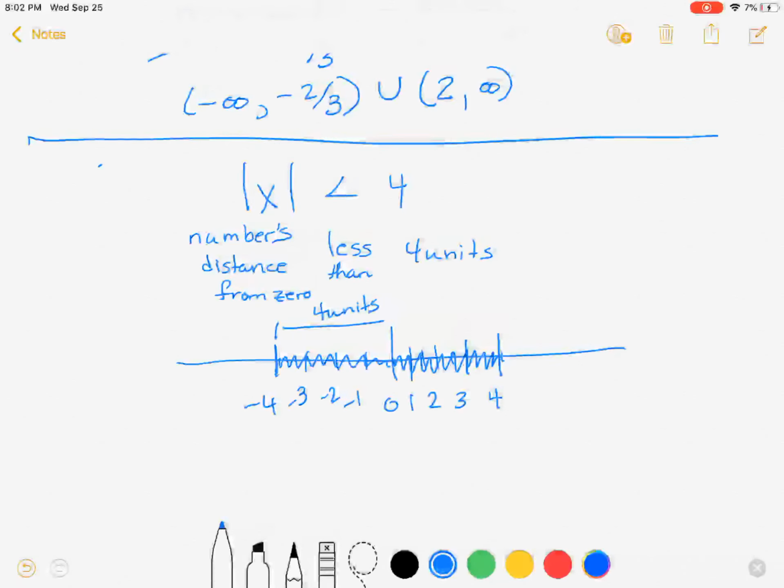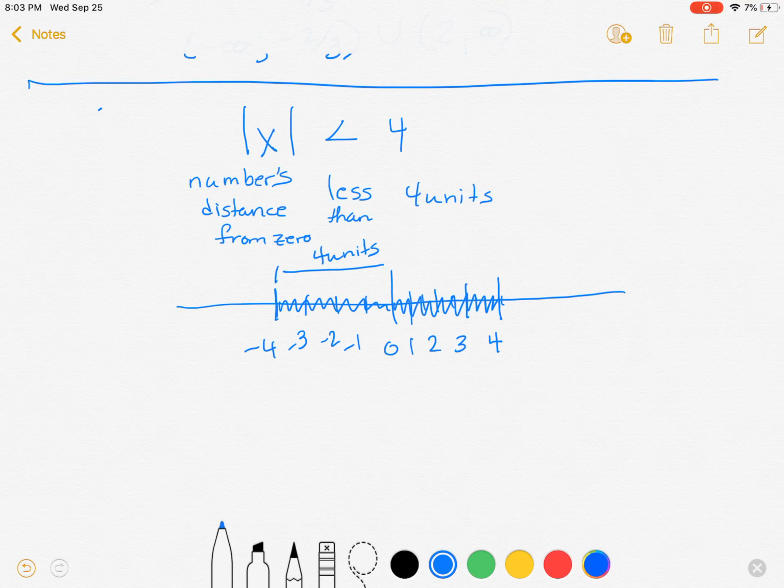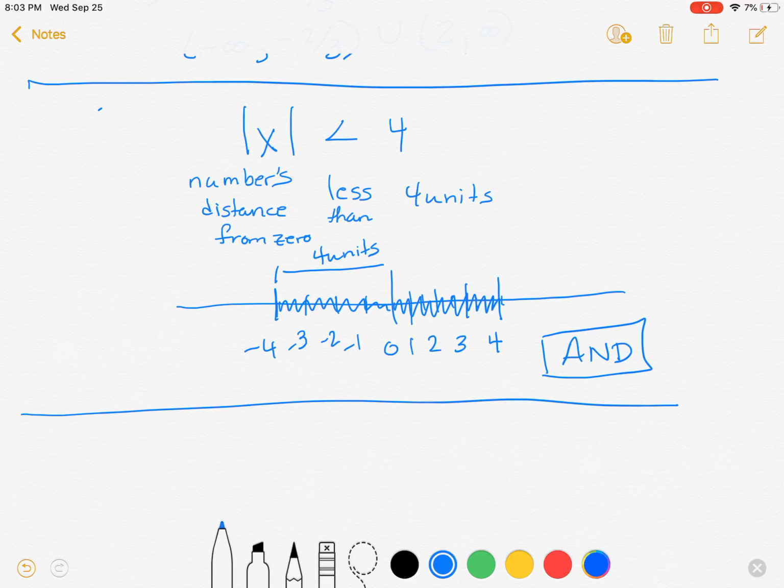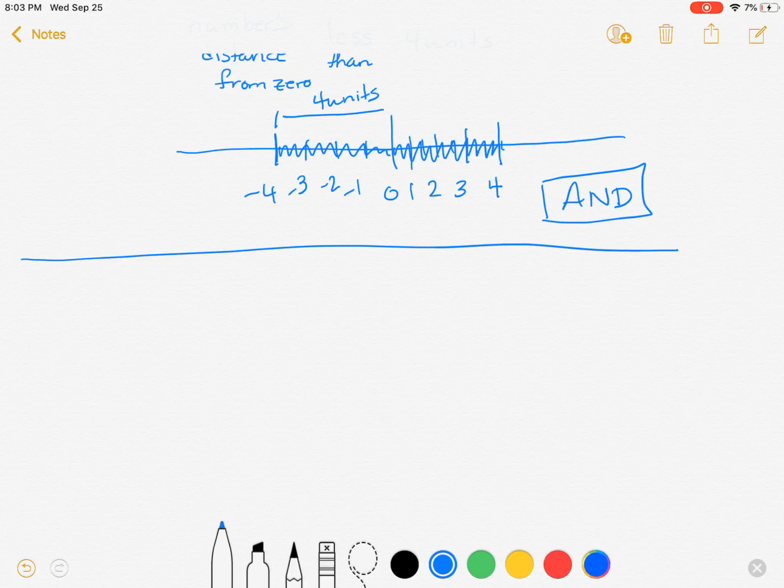Okay? So, when we think back to compound inequalities, we can see that this was more associated with the word and. Now, here's where people differ on the way they decide to set this up. And it just goes on whether you're more comfortable with one or the other.